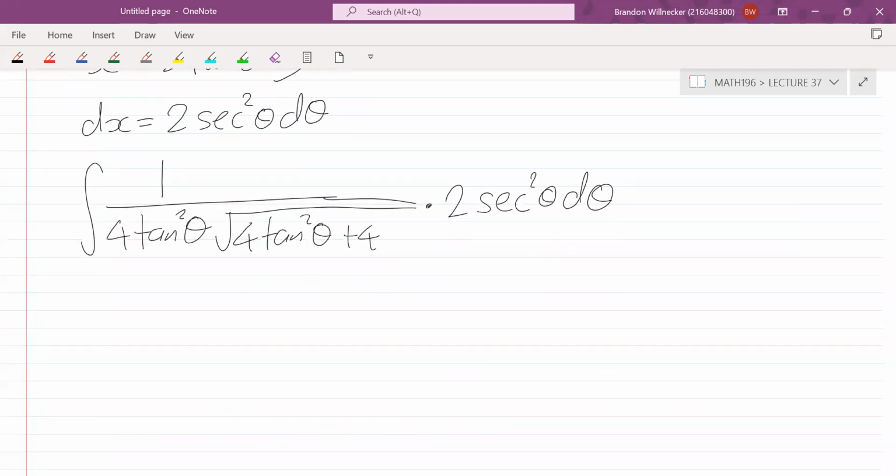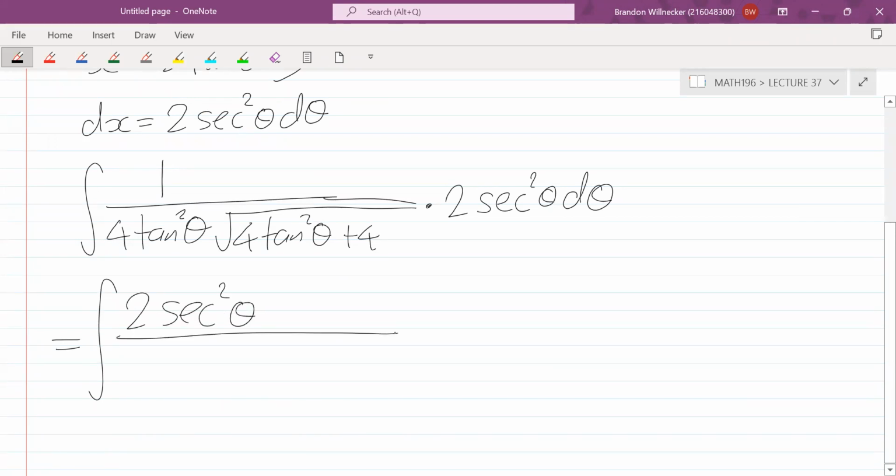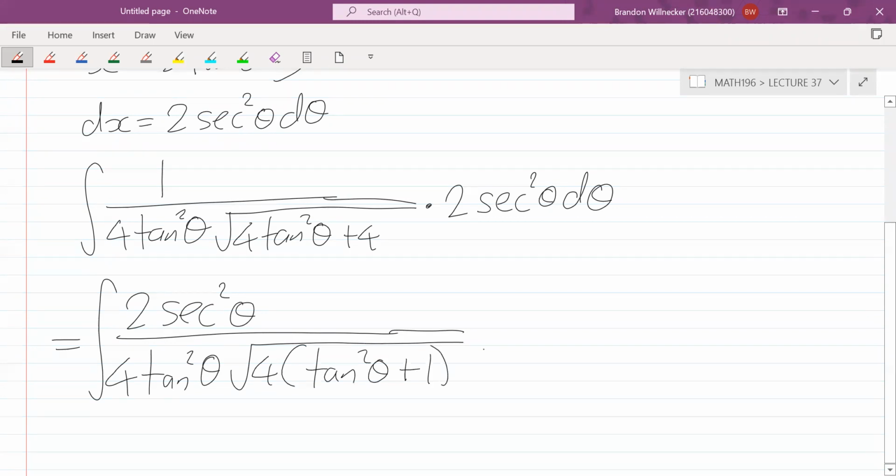Now we need to try and simplify this. We can put the 2 sec squared theta at the top. At the bottom, we're going to get 4 tan squared theta. And then for the root, we can take out the 4, and we're going to get tan squared theta plus 1, d theta.